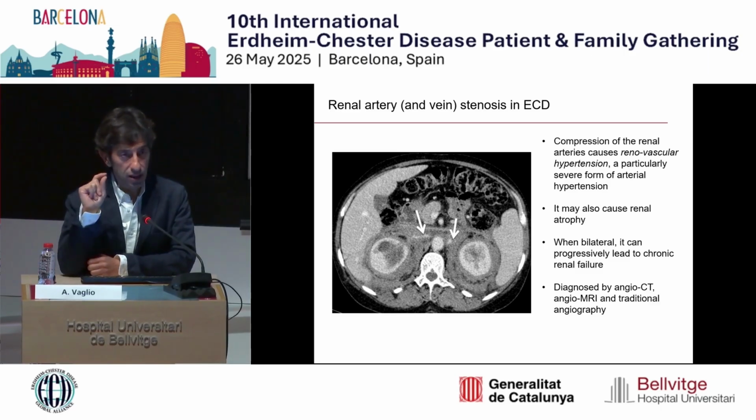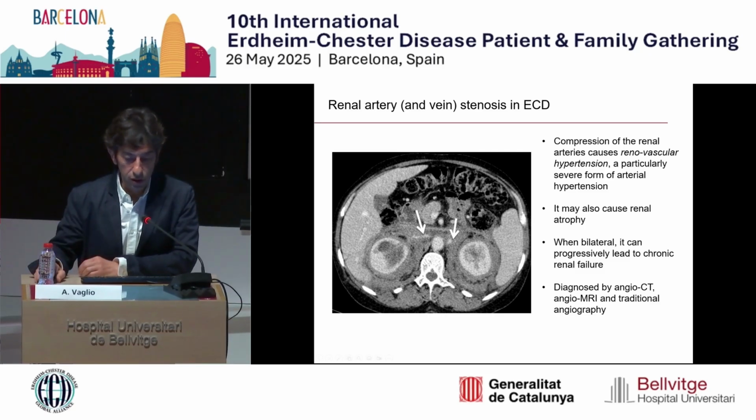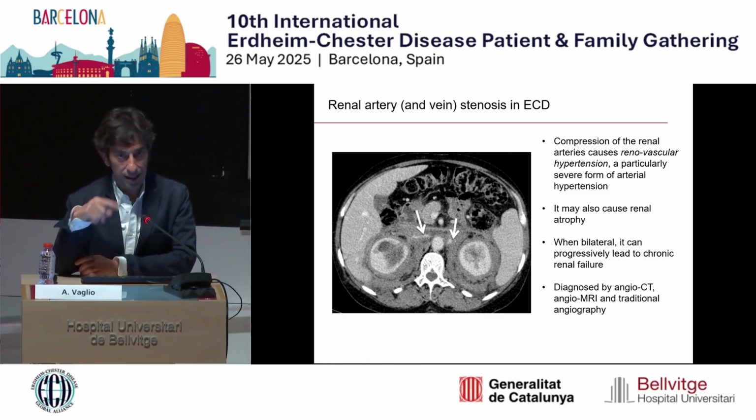There is also an additional problem which should not be overlooked, and this is renal artery stenosis. This means that the tissue compresses not only the kidneys and the proximal ureters, but also the renal arteries. And this is an additional cause of kidney injury, but it has another consequence, which is a severe form of hypertension.